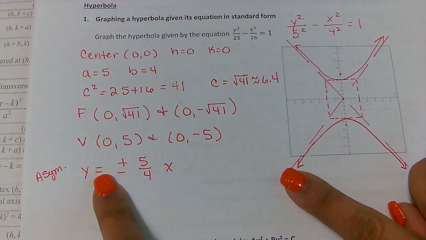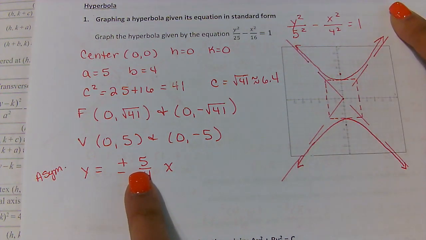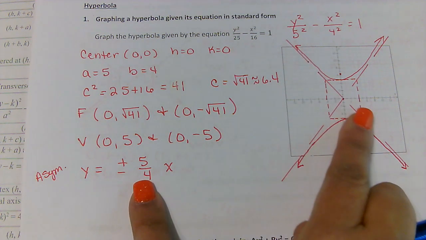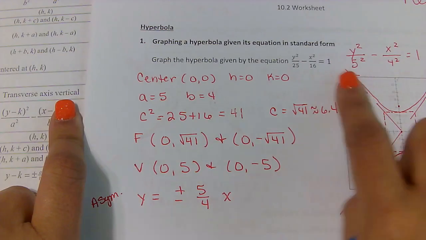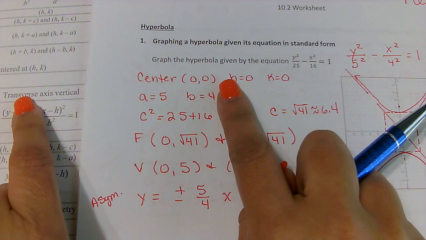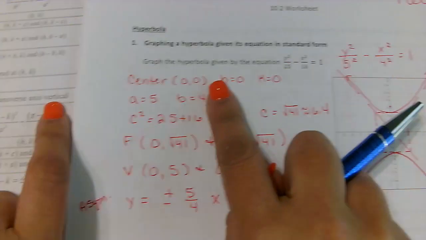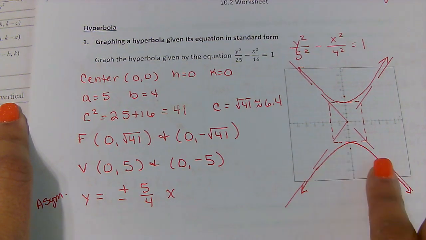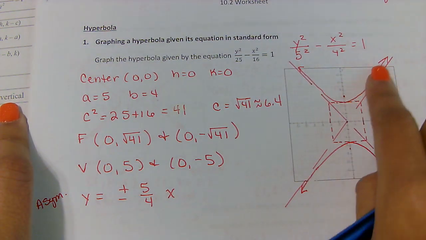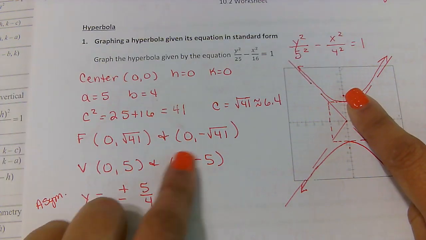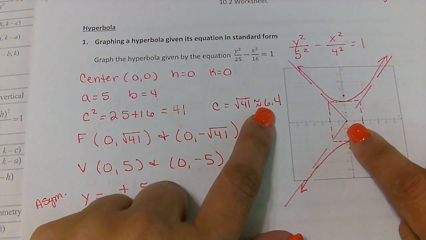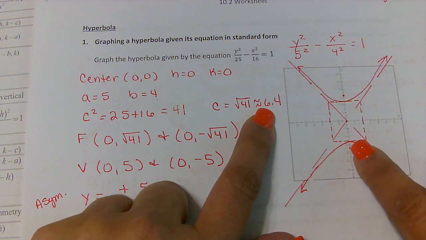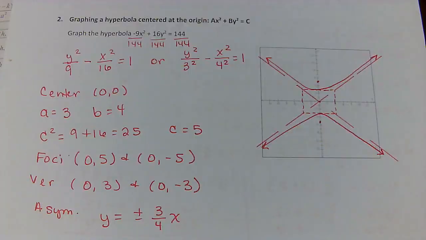So this is going to be plus 5/4 x and this is going to be our asymptote of negative 5/4 x. Since we know that this is a transverse axis that is vertical, we're going to be drawing a hyperbola going in a vertical direction. Okay. The foci are going to be approximately 6.4. So I went up 6.4 and I also went down 6.4.